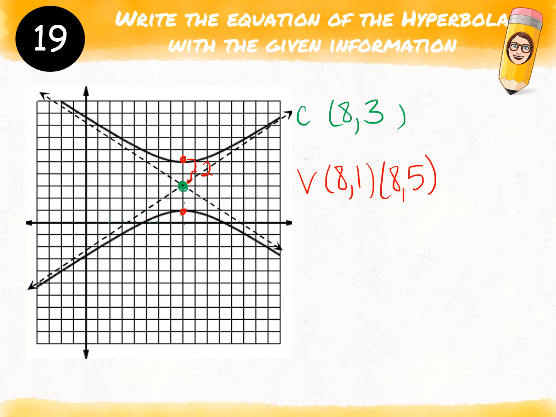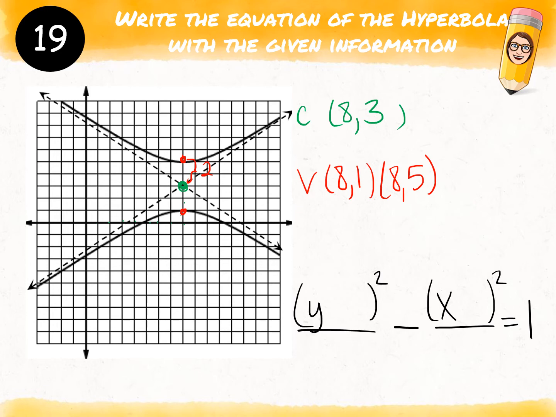Okay, so let's start setting this up. Should always set this up first. It has to be equal to 1. All right, it has to be subtraction because it's a hyperbola. It has to have a y squared first because it's orientated vertically, up and down. Do you see that?